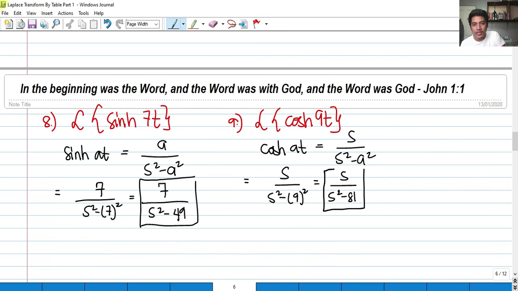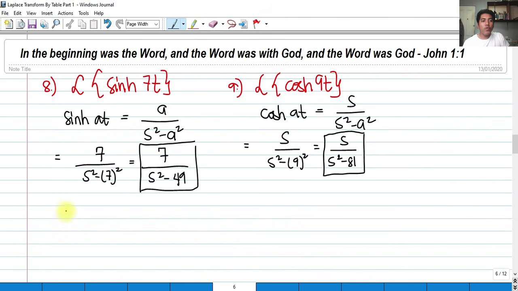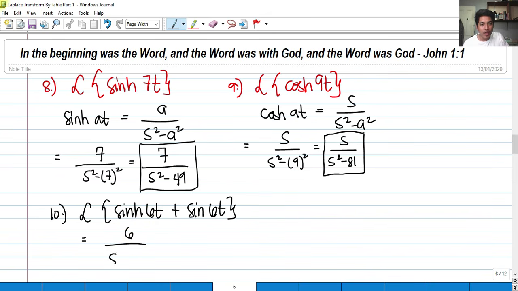Pretty easy. So for our last example for today's video, let us evaluate the Laplace transform of the hyperbolic sine 6t plus sine of 6t. Again, we can evaluate this individually. For hyperbolic sine 6t, we have this table, so our a is 6 over s squared minus 6 squared.